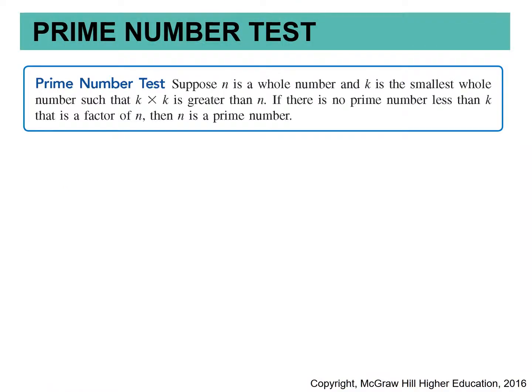So this is our test written in formal symbolic notation. Suppose n is some whole number, and k is the smallest whole number such that if I square k, I get a number greater than n. If there is no prime number less than k that is a factor of n, then n is a prime number.